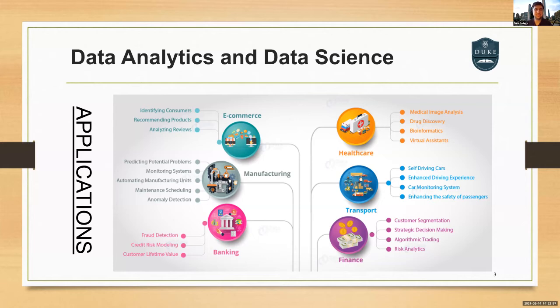And as you see, the application is not only for technology firms anymore. In the past, most of these companies, like e-commerce, manufacturing, banking, finance, transport, and healthcare, when they had a large amount of data, would partner with a third company like Google, Facebook, or IBM, and those companies would do the analysis for them because they didn't have the capability or the infrastructure.